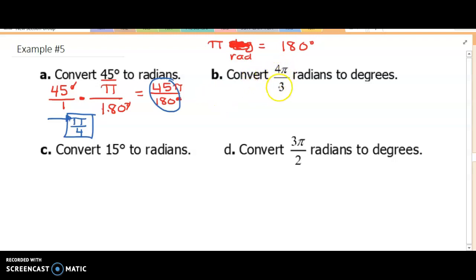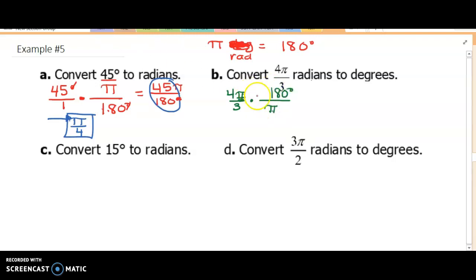All right, now let's look at B. We want to convert 4 pi over 3 radians to degrees, so 4 pi over 3. We're going to multiply. Remember, the only thing we can multiply by without changing it is 1. Here, the pi symbol tells us we're talking about radians, so we want that pi symbol on the bottom. So we want 180 degrees over pi.